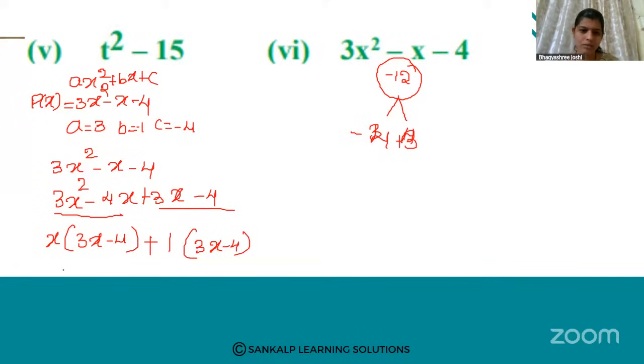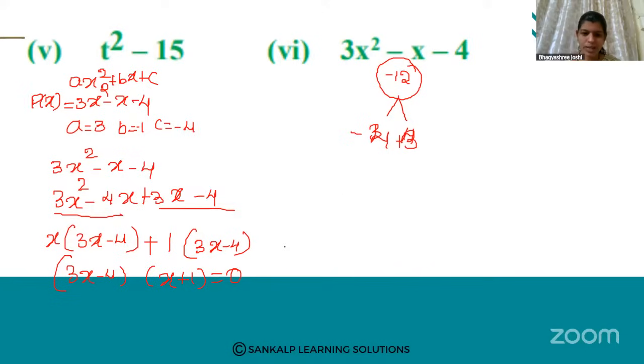So 3x minus 4 is one factor and x plus 1 is another part. Then next, yes, 4 and 3, yes, very good.